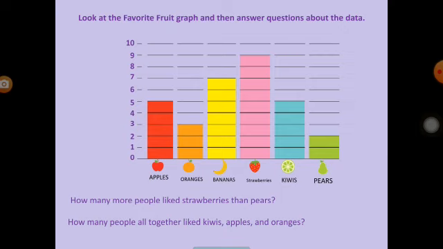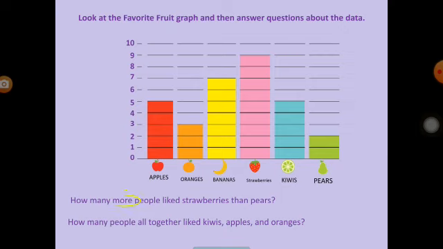How many more people liked strawberries than pears? We said in the last question, when I see the word more in my question, what shall I do? Who can tell me? Super!